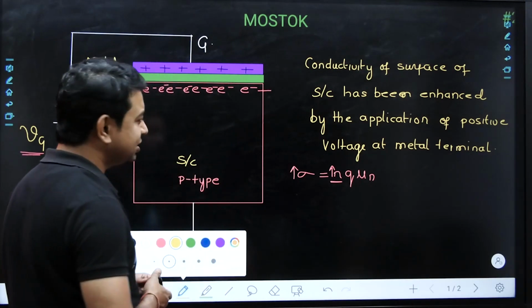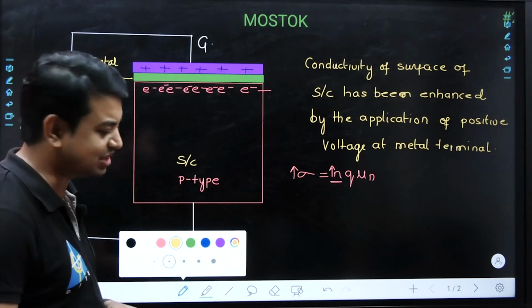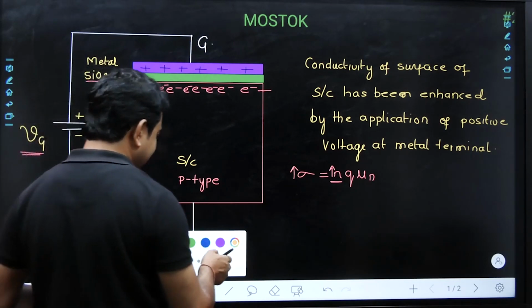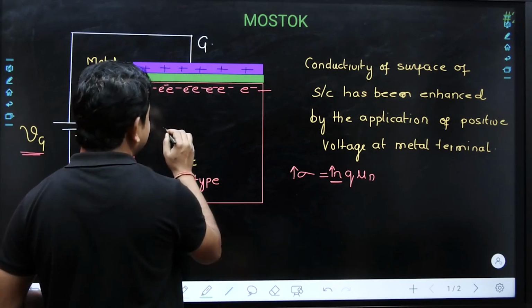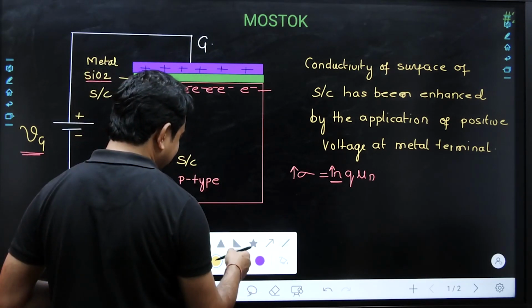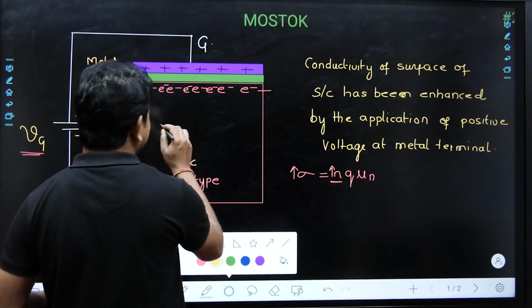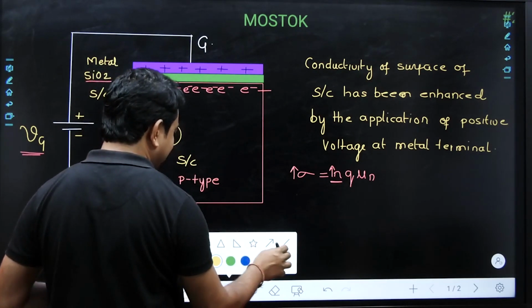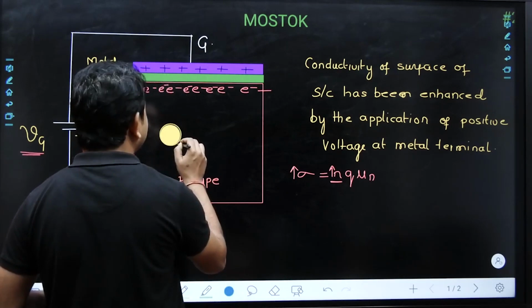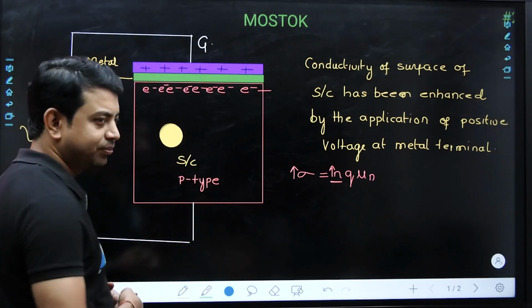If somebody asks where these electrons are present inside the semiconductor, you can answer very correctly that the semiconductor consists of silicon atoms which make covalent bonds with a phosphorus atom.